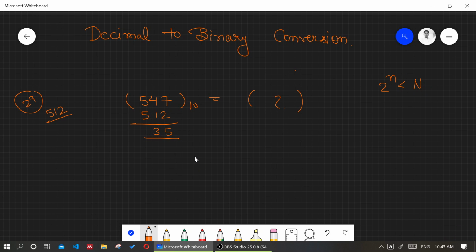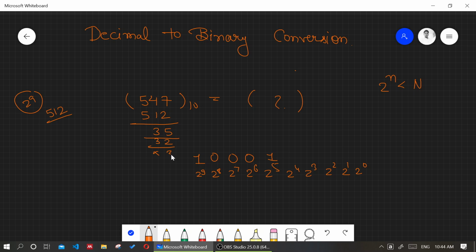So the number will be 1, then 2 raised to the power 9, 8, 7, 6, 5, 4, 3, 2, 1, 0. Okay, after this 35, so 35 is nearest to 32, that means till 2 raised to the power 5 we have 0. So when we put 1 at 2 raised to the power 5, then it will become 32.